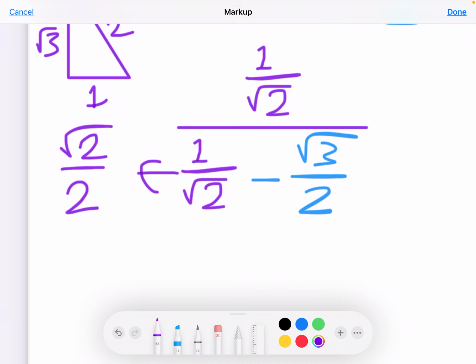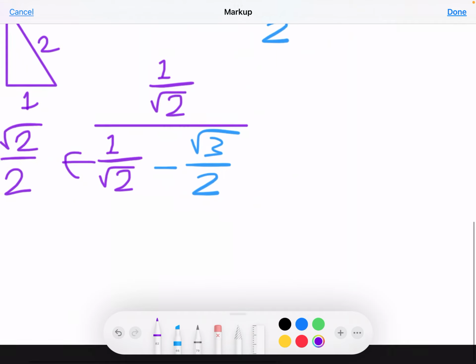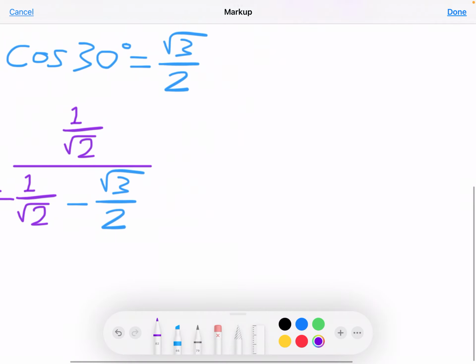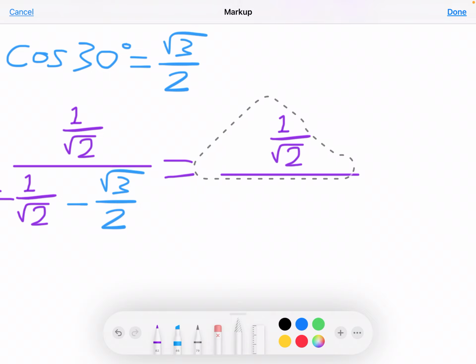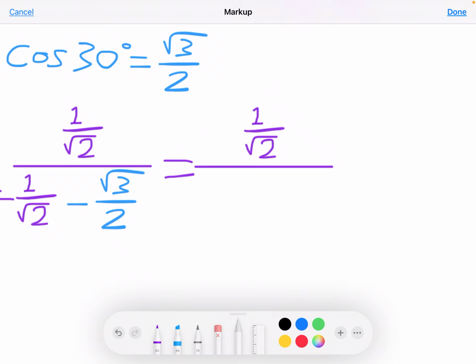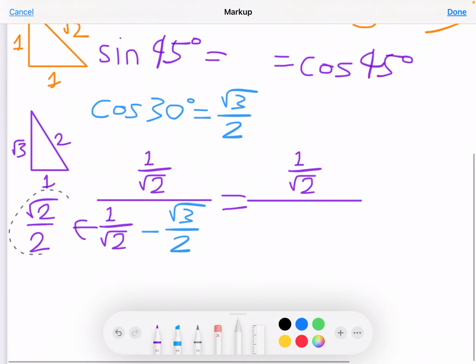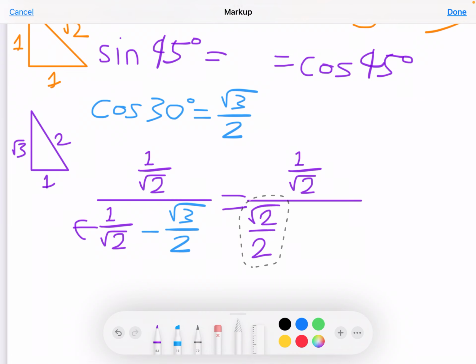So now we have 1 over square root of 2 over this minus square root of 3 over 2.